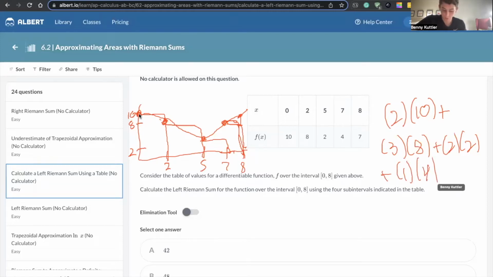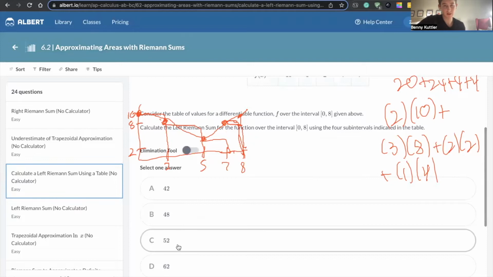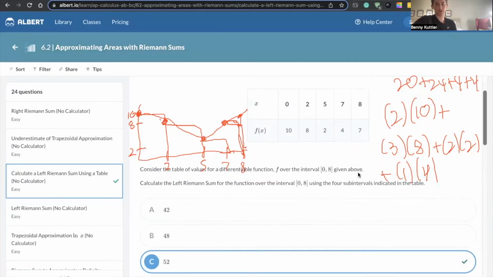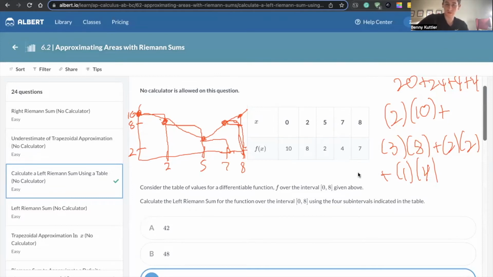So now we have 20 plus 24 plus 4 plus 4. And that'll leave us with 44, 48, 52. And if we look at our answer, it's 52. So it takes a little bit of work, but you can find it without being given the function. So it can be useful.